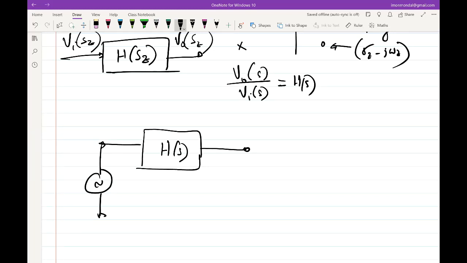So you give a sinusoidal input, let's say VP sin omega t. And then you will observe the output, right? What will be the output?